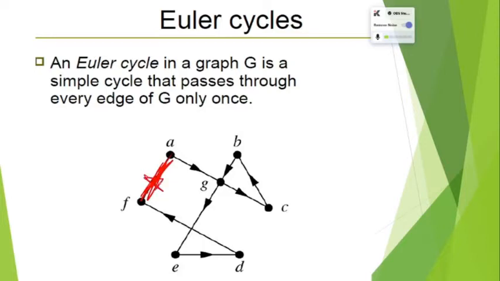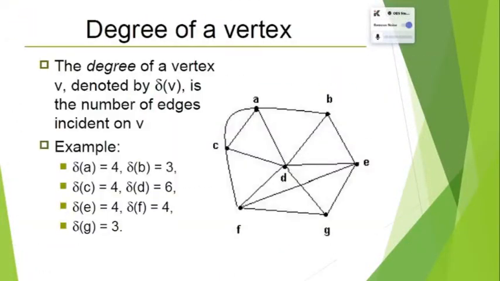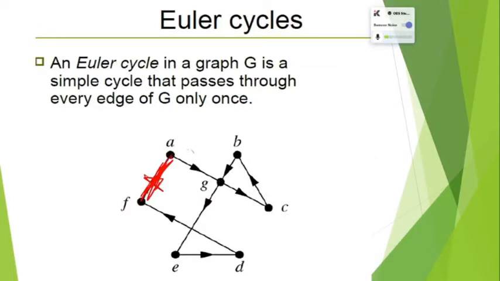May magdaan dyan or may arrow dyan. Once lang per edge. So that is Euler cycles. Okay. So we're done with Euler cycle.